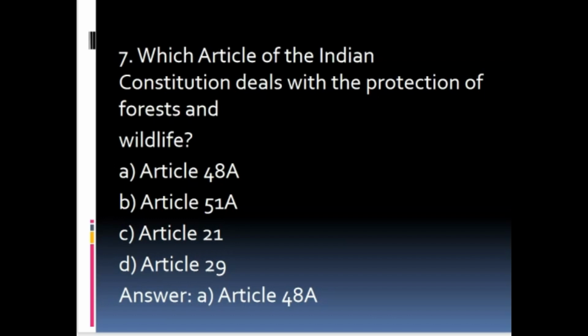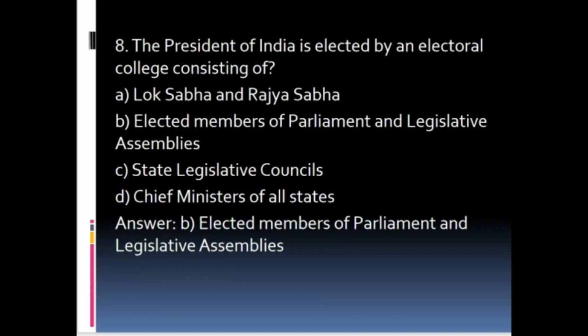Which article of the Indian Constitution deals with the protection of forest and wildlife? Article 48A, Article 51A, Article 21, Article 29. Answer A. Article 48A.